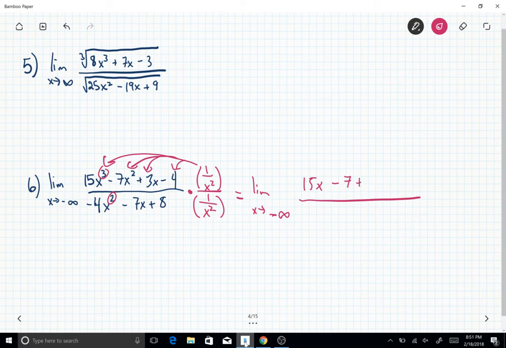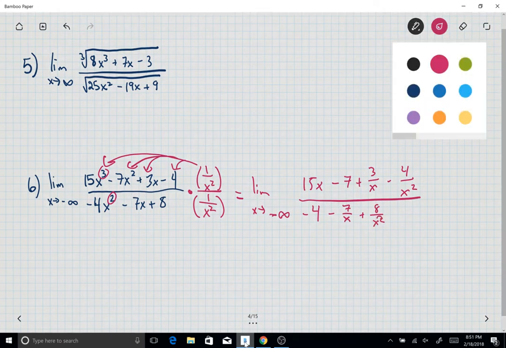Then plus 3x over x squared makes it 3 over x, and then minus 4 over x squared up in the numerator. Down in the denominator, we have negative 4, minus 7 over x, and then plus 8 over x squared.